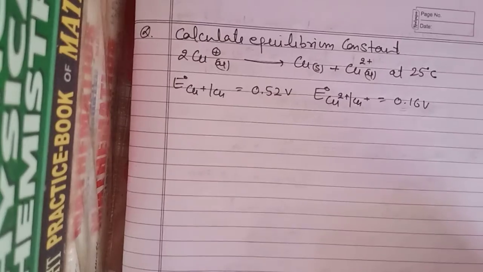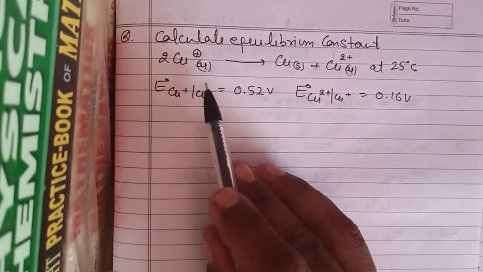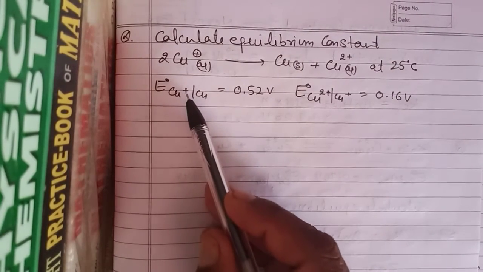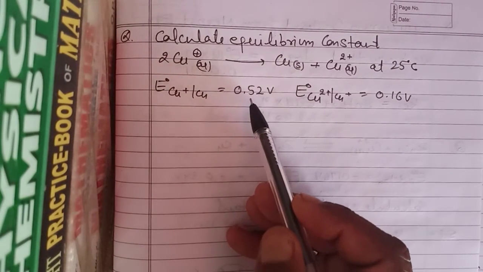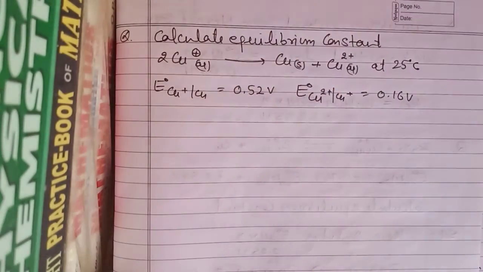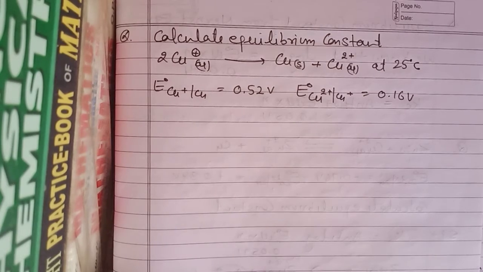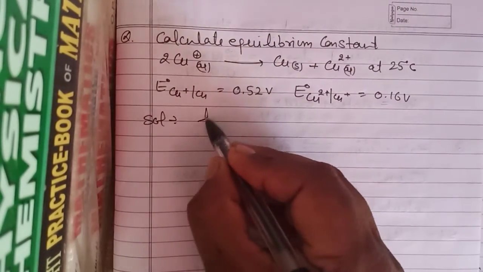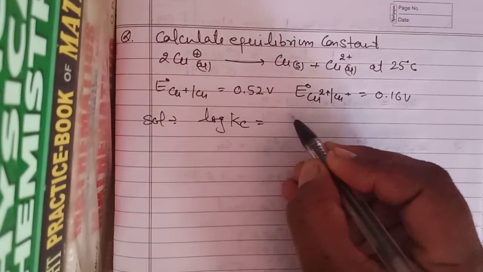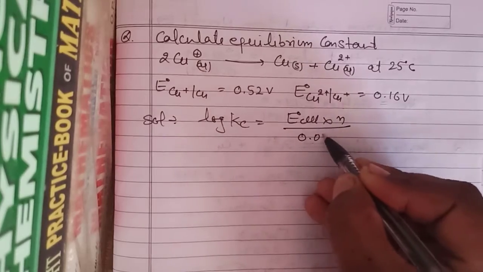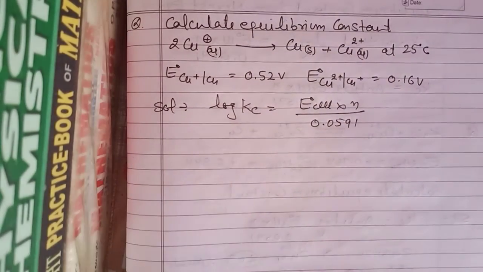Calculate the equilibrium constant for this disproportionation reaction at 25 degrees Celsius. E naught for Cu+ to Cu is given as 0.52 volt, and E naught for Cu2+ to Cu+ is given as 0.16 volt. Clear? So again we know that log Kc is equal to E naught cell into n upon 0.0591.